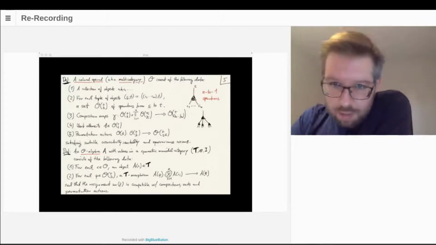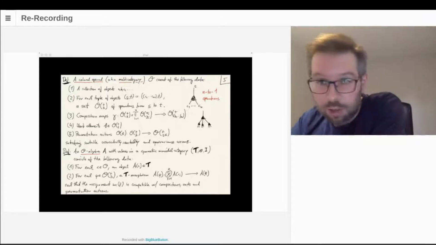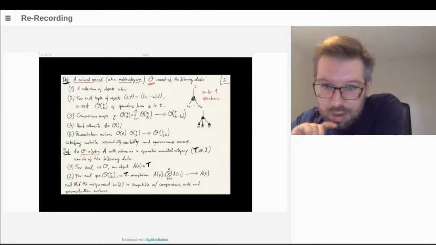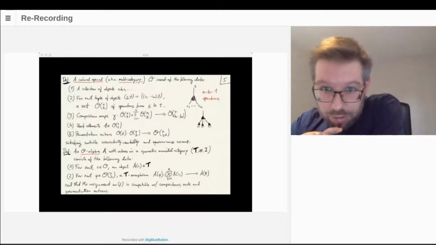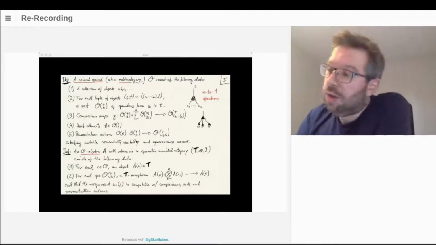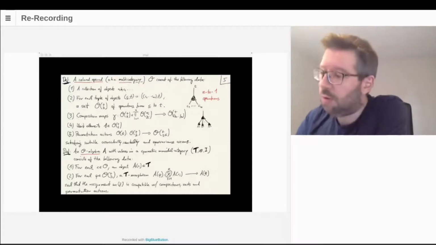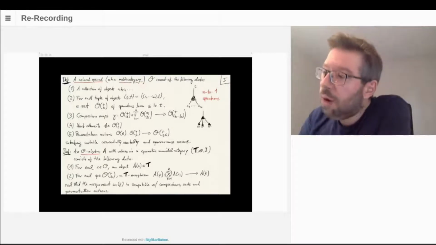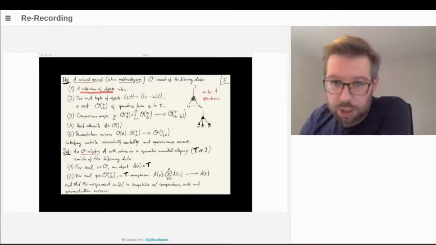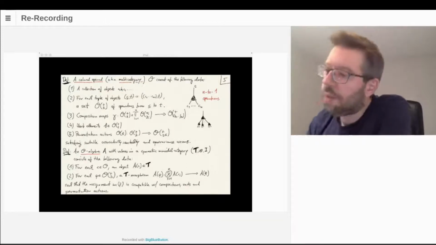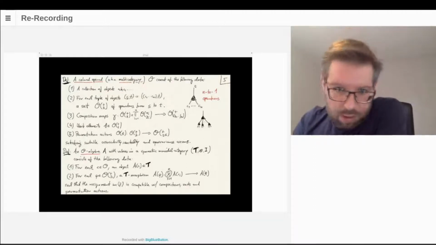Let me now go through the definition of a colored operad. A colored operad, let's call it O, is a list of data satisfying a list of axioms. This data is very similar to the definition of a category. So let's go through carefully. Number one, in a colored operad, you have a collection of objects, denoted by A, B, C, D, etc. So far, so good. That's as in a category.